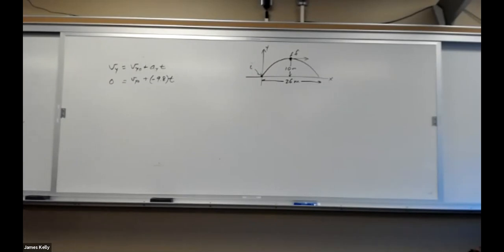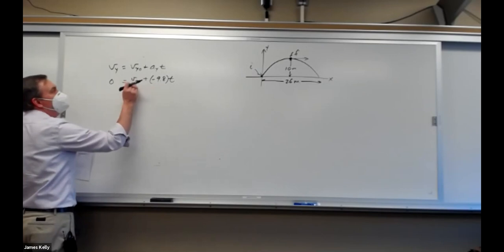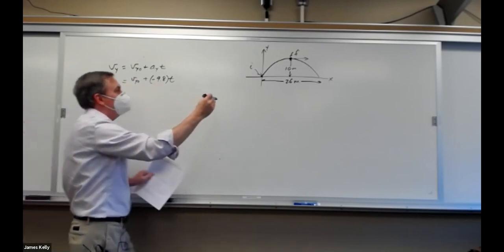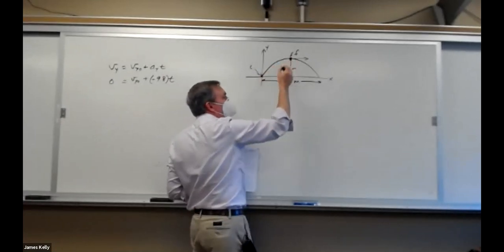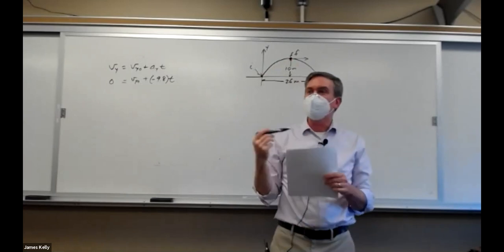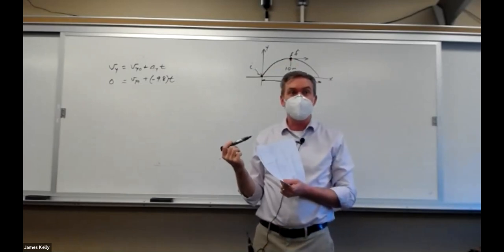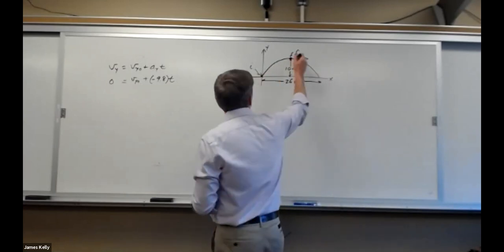So I've reduced it down to, if I could find this, then I could find the t that elapses in between initial and final. That's not the total time it's in the air, but does everybody agree that I would just double that time to get the time from ground to ground?